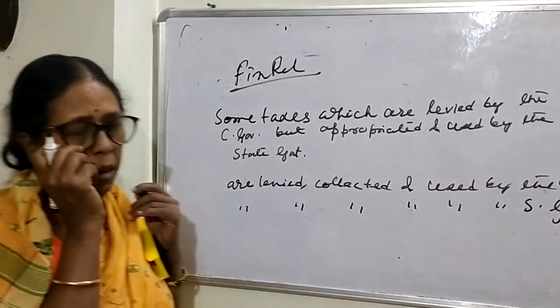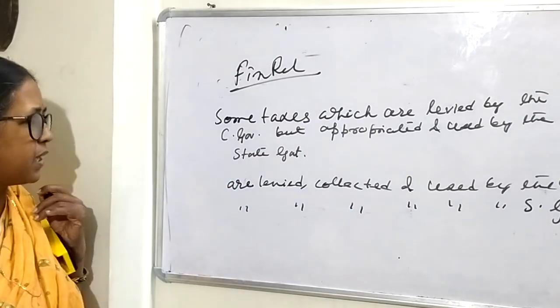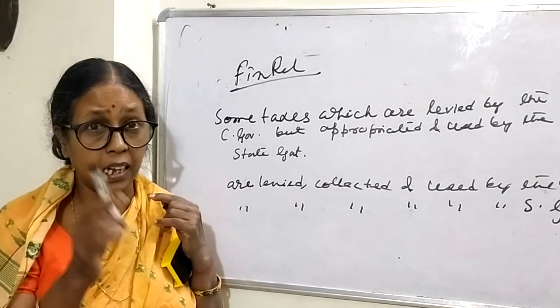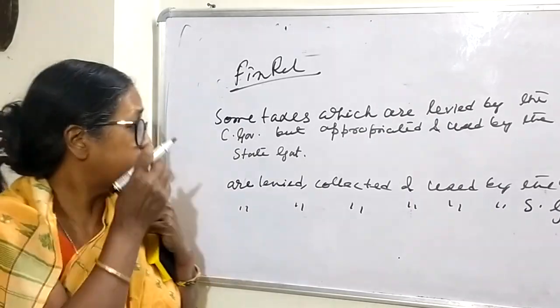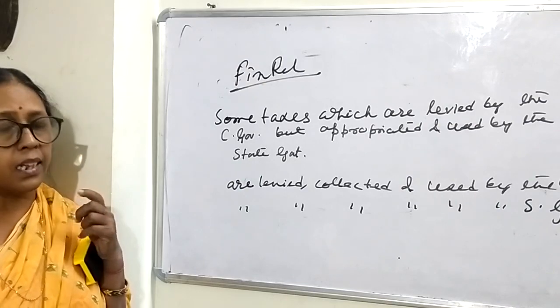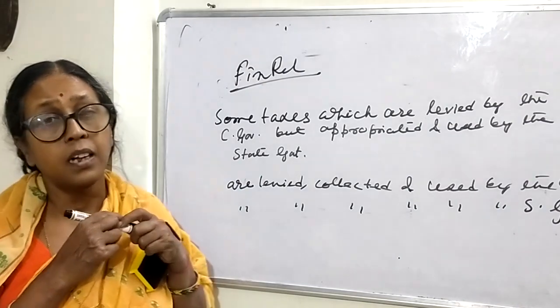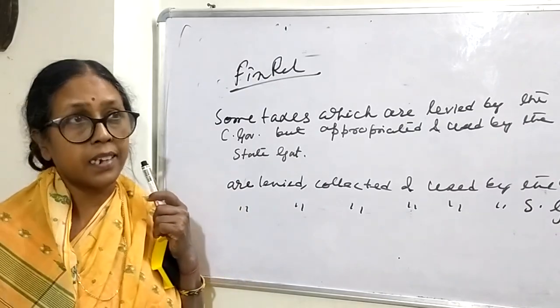So you find in your book which are those taxes. You just remember the names of two or three taxes. So some taxes are levied by the central government, collected and used by the state government. Some taxes are levied, collected and used by the central government. And some taxes are levied, collected and used by the state governments.